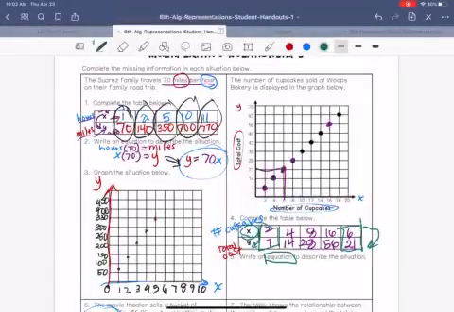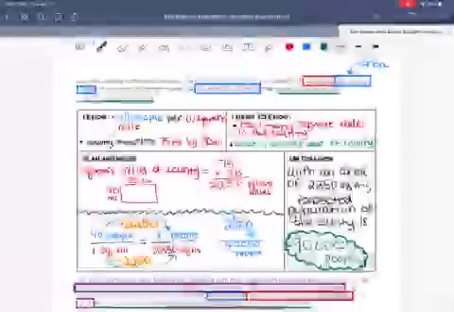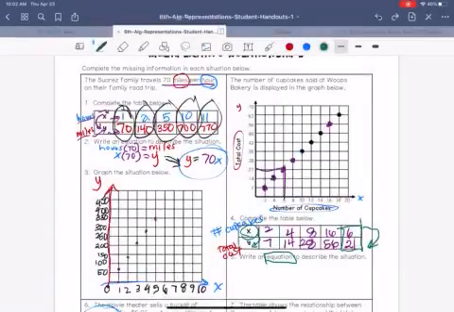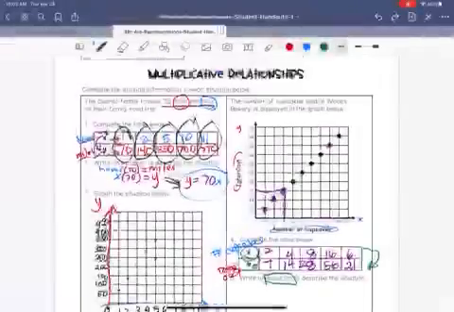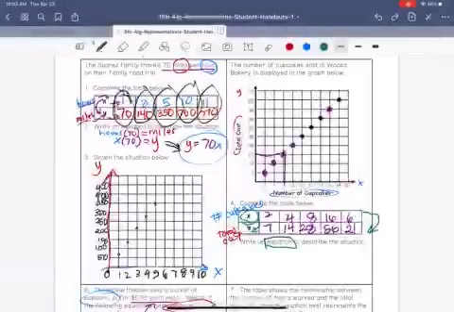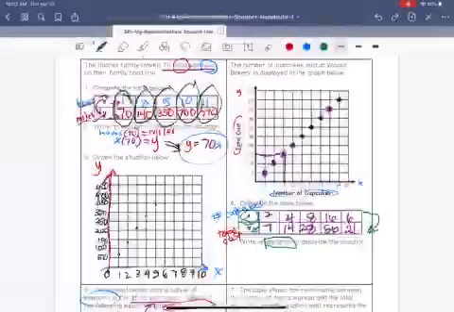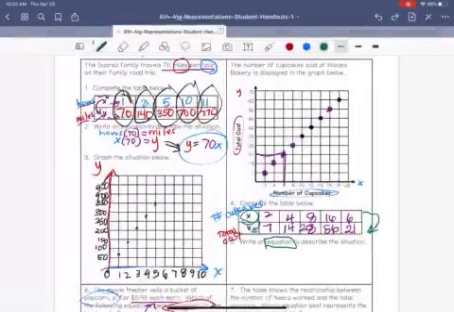But that doesn't work for that one. So we need to find a rule that works for all of them. Now we already know we're dealing with multiplicative relationships, so we're going to use multiplication. So what number am I multiplying x by to get y? It could also be what number am I dividing x by to get y?